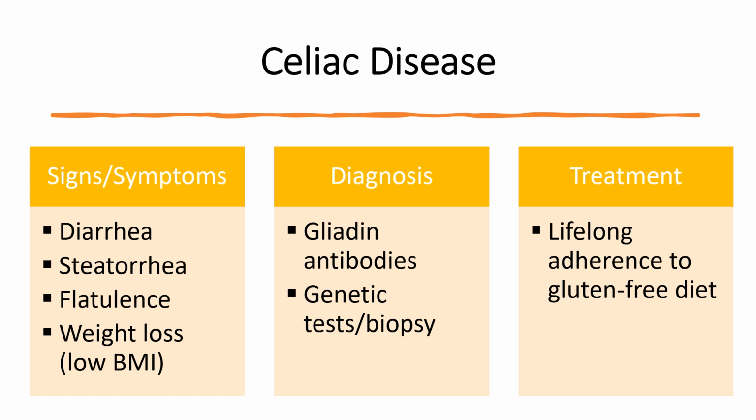That's where it gets its name. Because the small intestine is where most of the absorption takes place, these intestinal changes lead to malabsorption and malnutrition. If left untreated, these patients can develop osteopenia and other immune disorders such as type 1 diabetes and autoimmune thyroiditis.